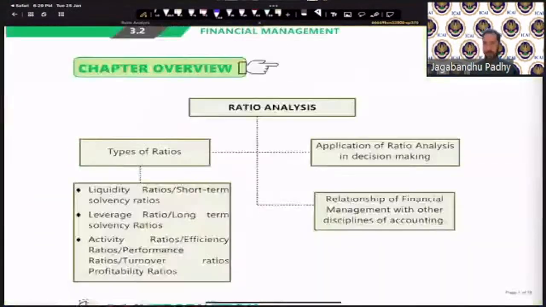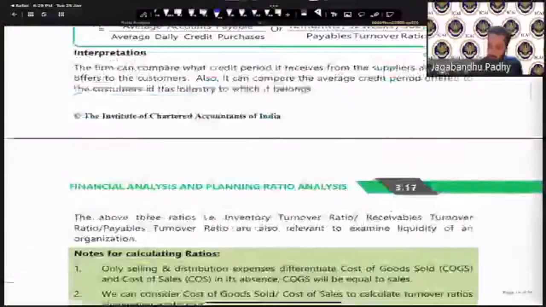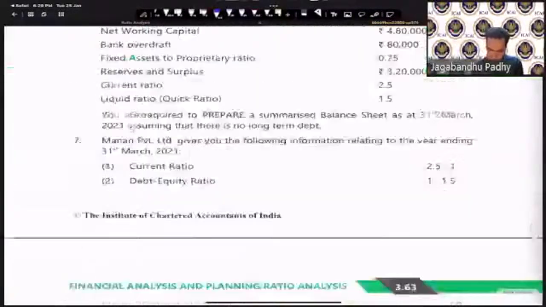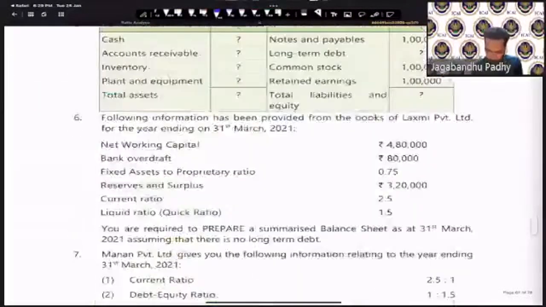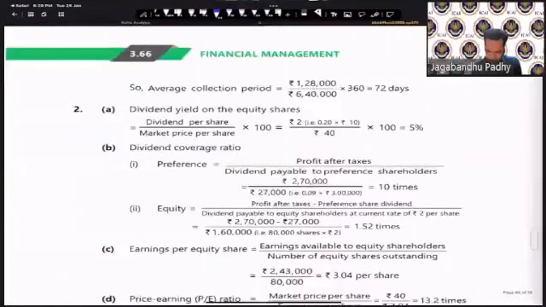Okay, this one. MCQ number 14 and practical question 3. Okay, guys. Let me take up MCQ number 14.